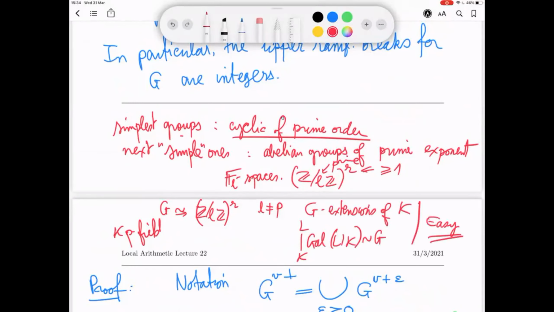Okay, so that was when L is different, because here everything is tamely ramified.